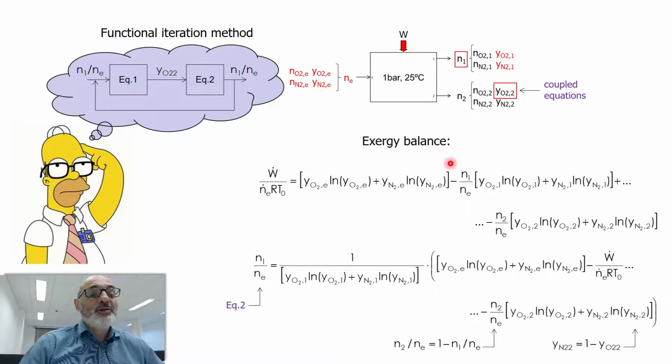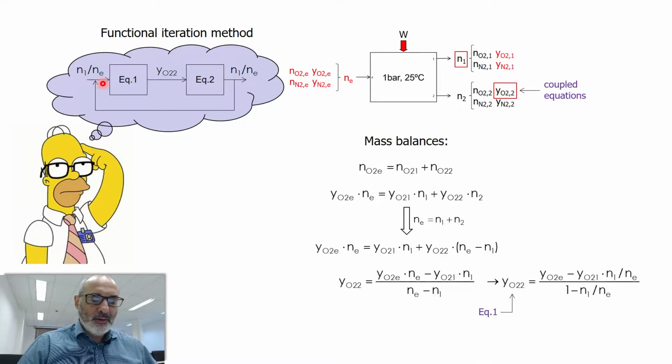Equation 2 is our exergy balance, which we are manipulating in order to recalculate what we're going to estimate in equation 1. So I'm going back to show you equation 1.